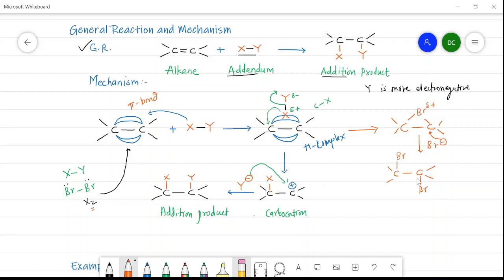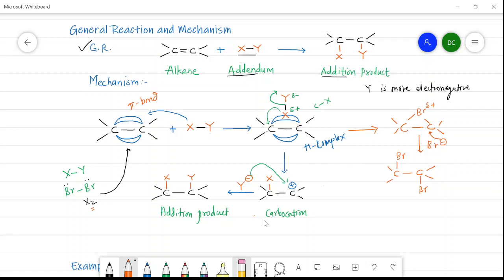It is called the anti-addition. It is possible only if the electrophilic reagent possesses a lone pair, generally in case of addition of halogen. So details about it we will see in the addition of halogen across alkene. So in this way, the mechanism occurs in case of electrophilic addition reaction.